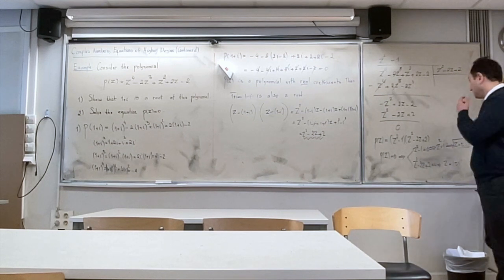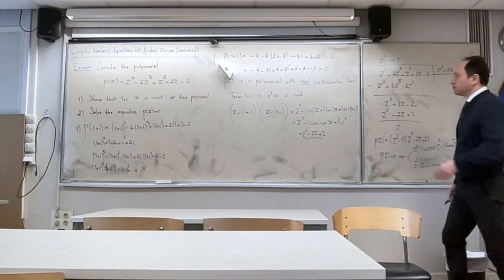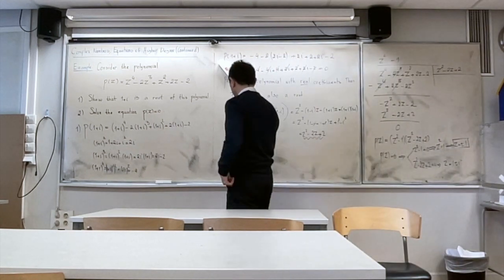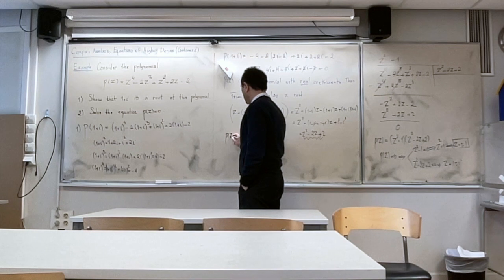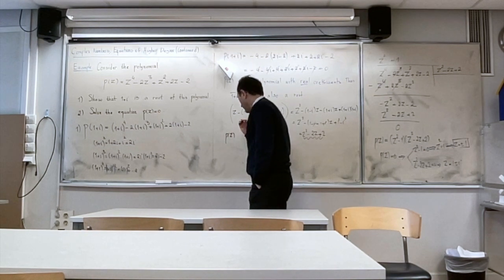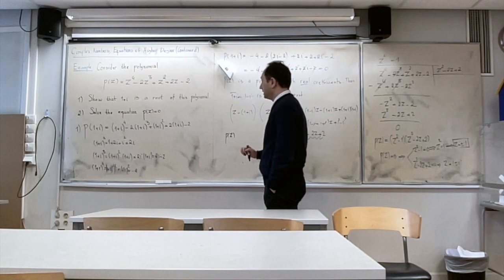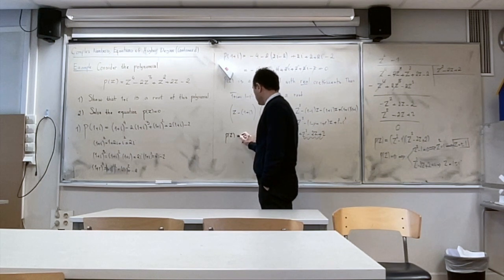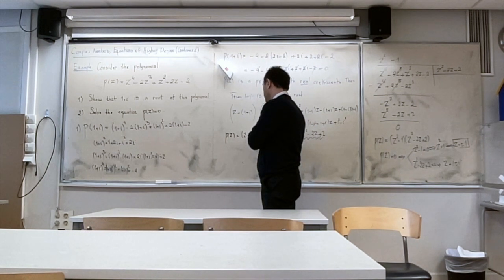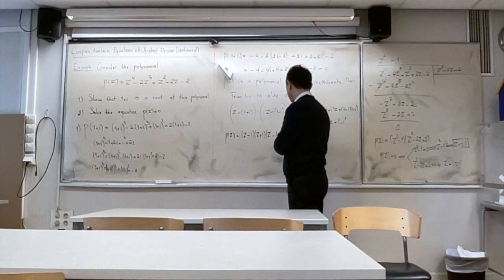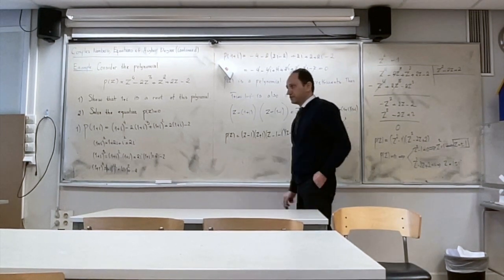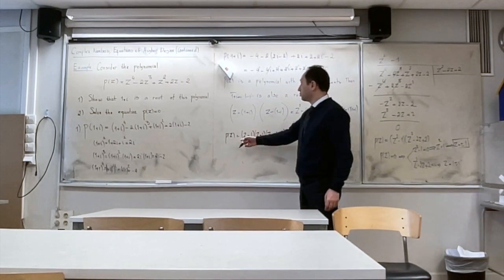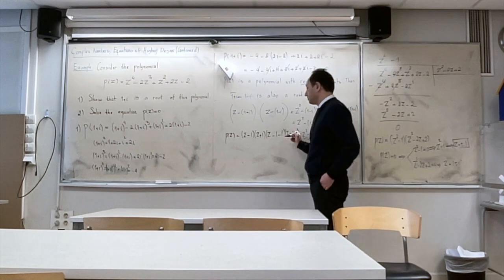So if I want to fully factorize my polynomial P of z, and you are allowed to use complex numbers, then you write z minus one of them, z minus the other one, z minus this one, and z minus that. This is the fully factorized form of my polynomial if I am allowed to use complex numbers.